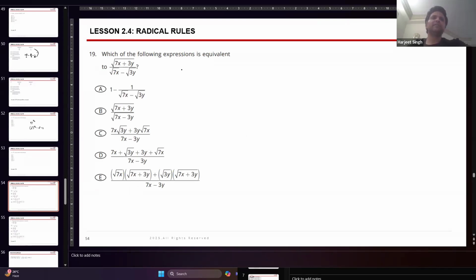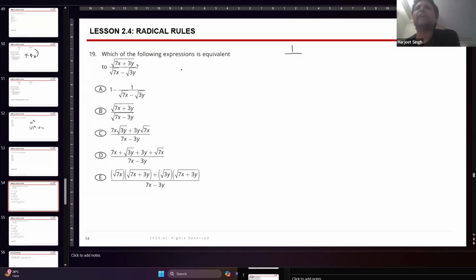Now this one. The clue for this one is whenever you have a radical minus a radical in the denominator, or a radical plus a radical, two different radicals, what you need to do is normalize it.